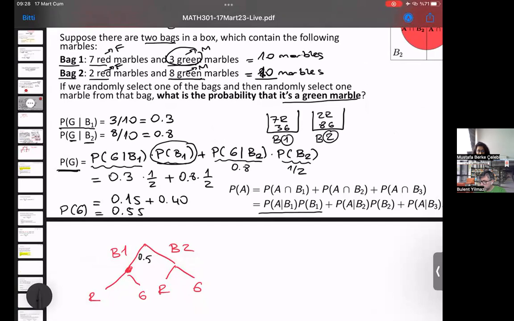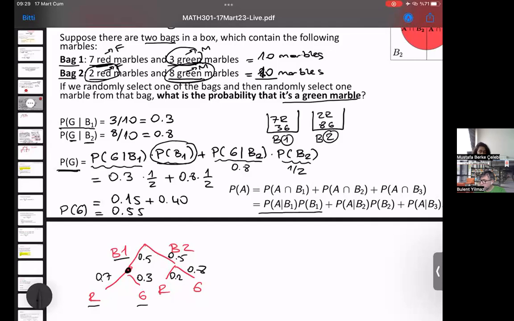What's the probability of obtaining the second bag? 0.5. What's the probability of obtaining red marble when I know that it's coming from bag 1? It is 0.7. Green, from bag 1, green, 0.3. This is 0.2, 0.8. It's coming from bag 2, right?